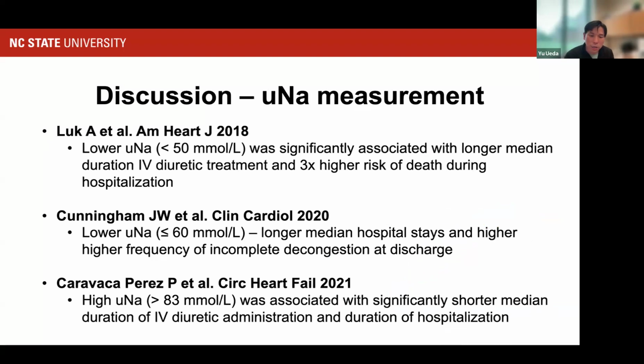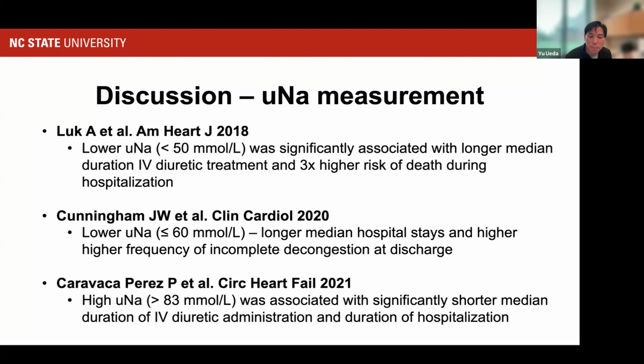So according to human studies, like I just listed a few of the many studies, multiple studies in human patients reported that lower urinary sodium concentration was significantly associated with a longer duration of IV diuretic treatment such as furosemide and a higher risk of death. And that has been reported in these 2018 and 2020 papers and a 2021 paper.